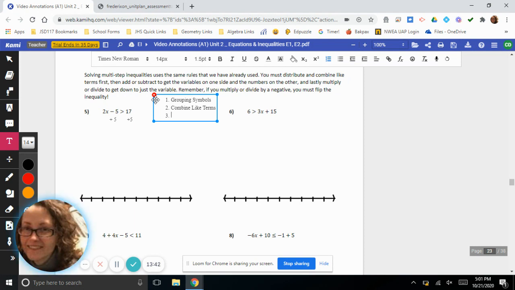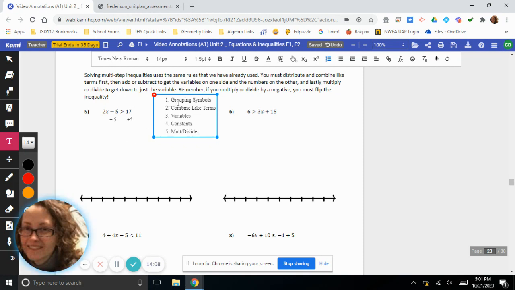The following step would be to move my variables. Then I'm going to move my constants. And lastly, in these multi-step equations, I would need to either multiply or divide to get the variable by itself.